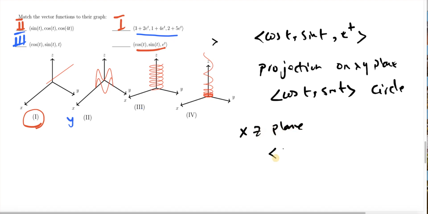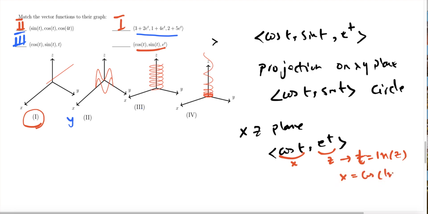And the xz plane gives me cosine of t and e to the power t. In that case, cosine of t is x, this is z. And so to eliminate t, t is equal to natural log of z, and x is equal to cosine of natural log of z.